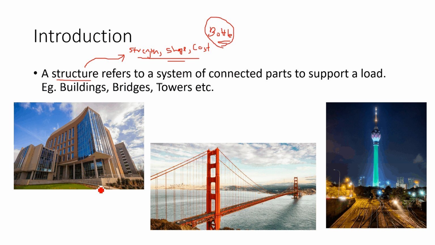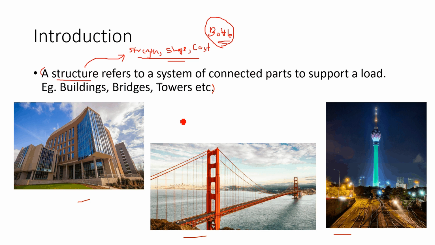So you can see the three photos I have uploaded here, these are interesting structures. We call these engineering structures. The definitions I have given here are common for all structures, but in this structural analysis we are going to discuss only engineering structures.